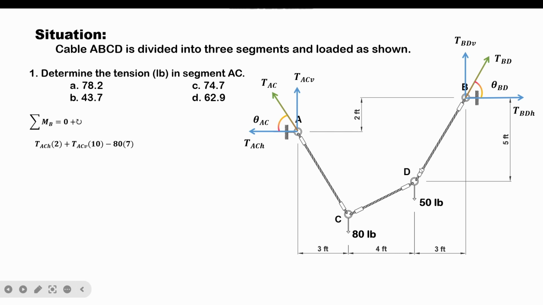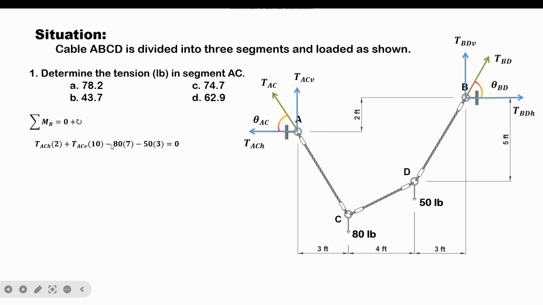Now, we need to take the moment of the other external force, which is the 50 pounds. Again, the 50 pound force would generate a counterclockwise moment about B. That's why we have here negative 50 multiplied by its moment arm about B, which is 3, equal to 0.